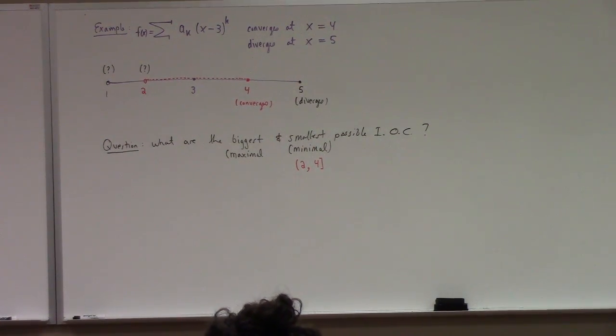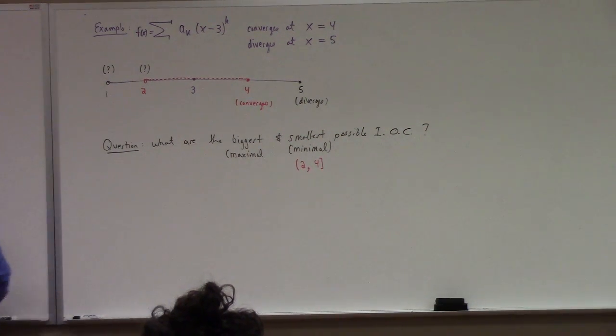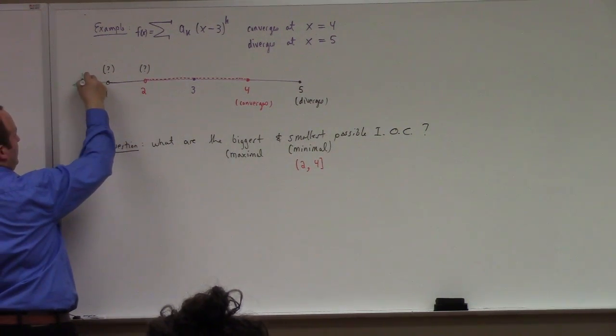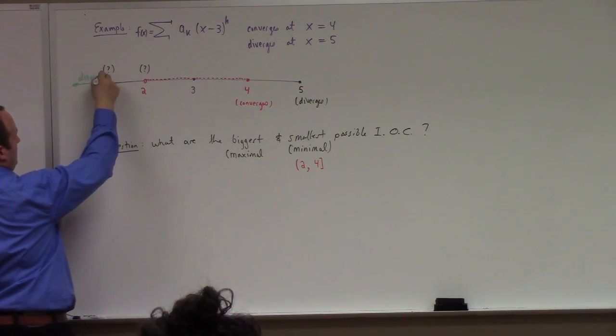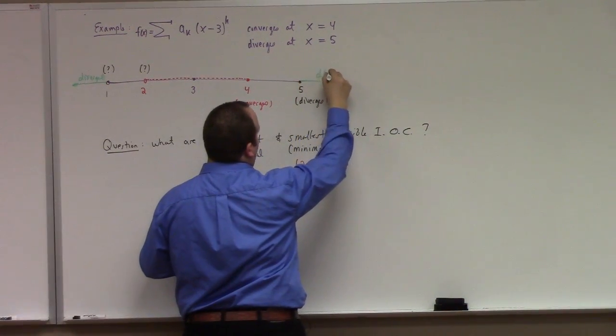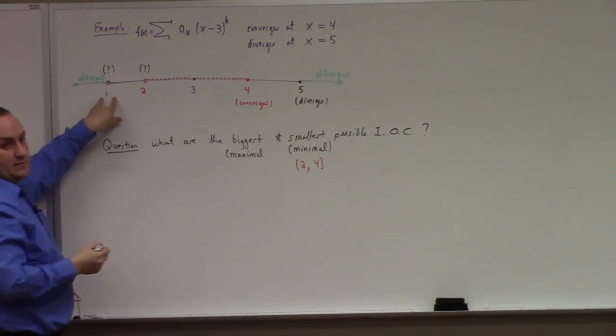What's the largest interval? So what else do we know? We also know that out here, past this point, it's divergent, right? And past this point over here, it's divergent. Now, it may or may not be divergent at 1.